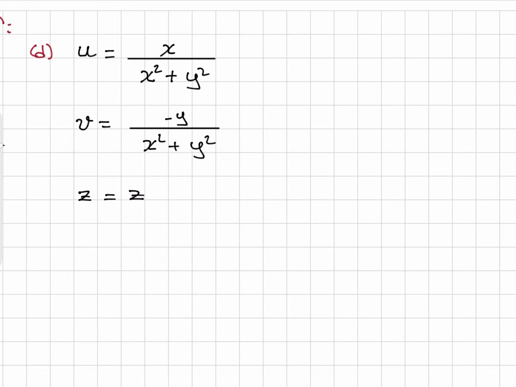Now what I'm going to do is divide the first equation by the second equation, and this is going to give me u divided by v. And this is equal to, because you see these x squared plus y squared will cancel out, minus x divided by y.